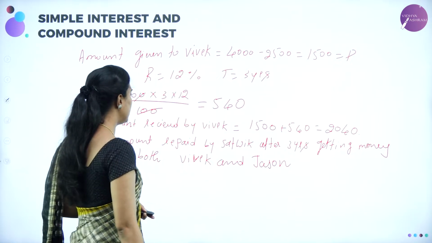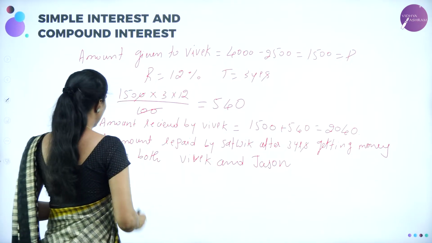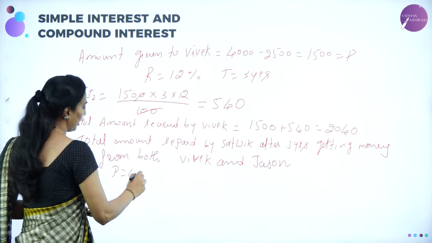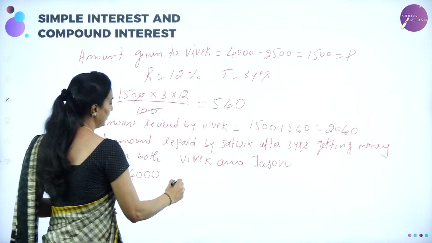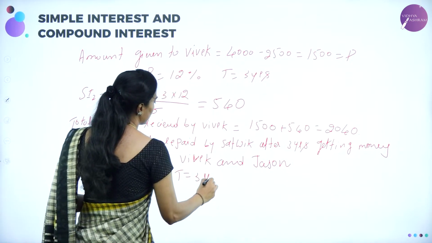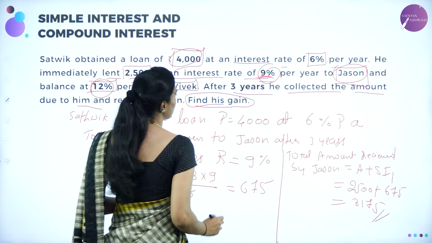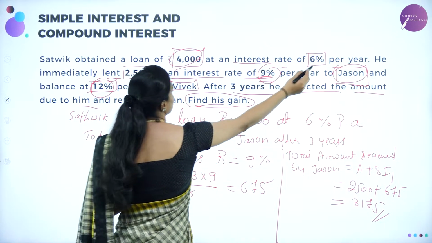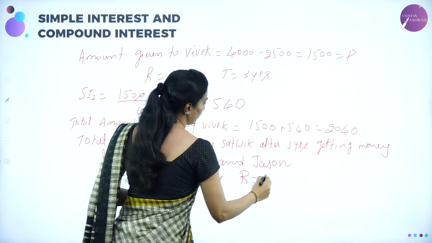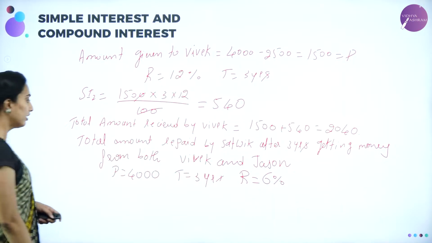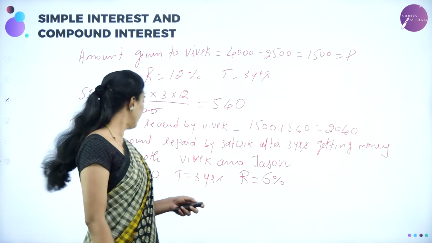So P will be equal to 4,000, and T will be equal to 3 years. And then R will be equal to 6%.